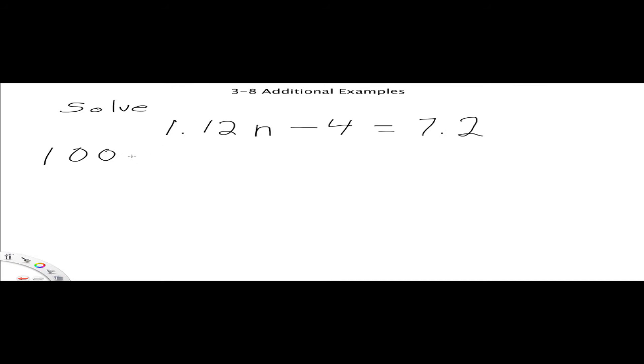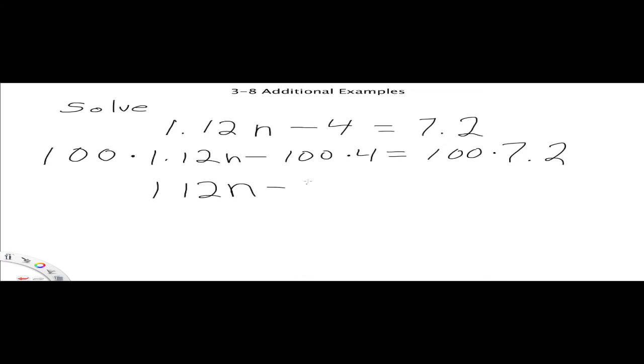times 1.12n minus 100 times 4 equals 100 times 7.2. This means we move the decimal point 2 places. That's 112n minus 400 is equal to 720.